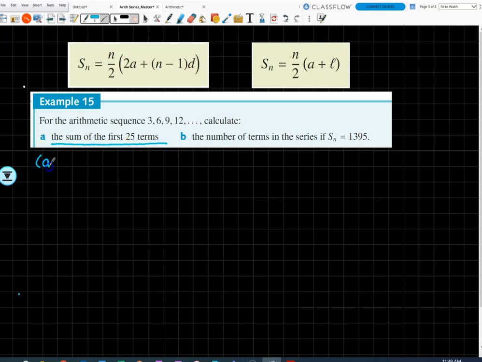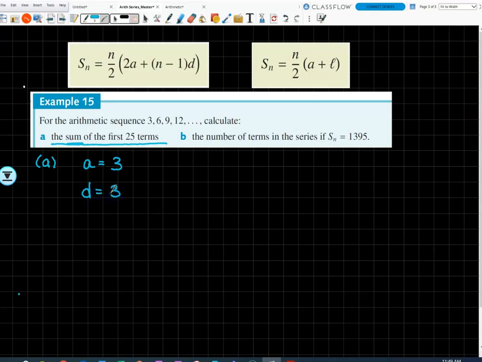So we've got A is 3. And by the way, as soon as I have read this and it's got the sum, I'm straight away looking at these two formulas. I don't know which one I'm going to use at the moment. I'm going through. Okay, what else? I've got A and I've got D. Yep. What's D? 6 take 3.